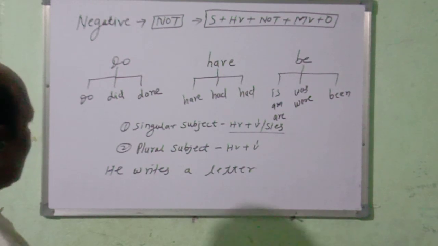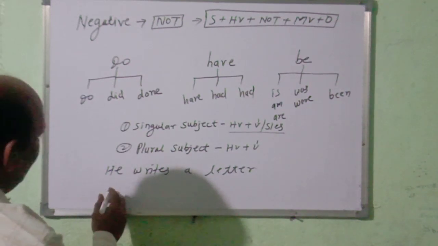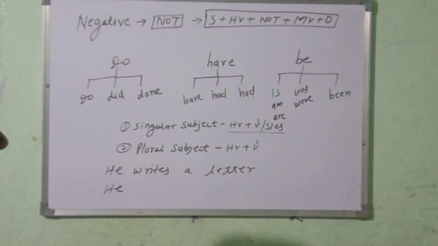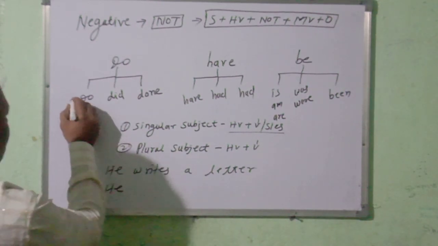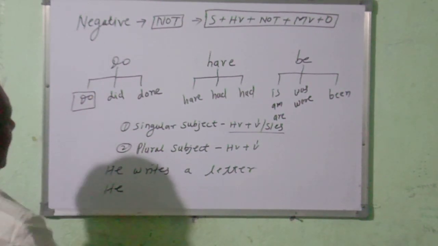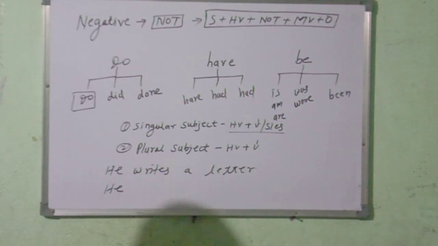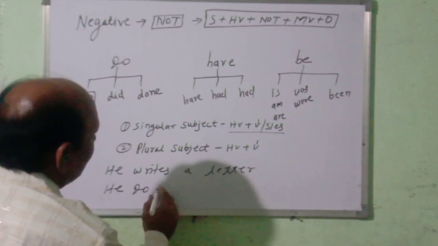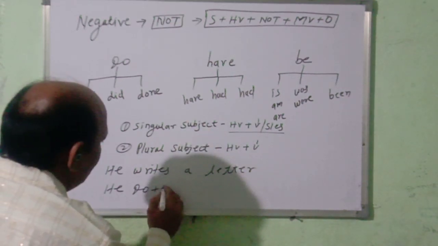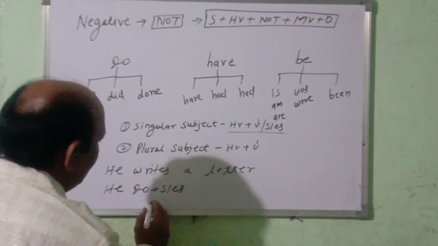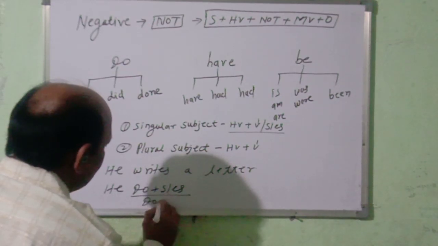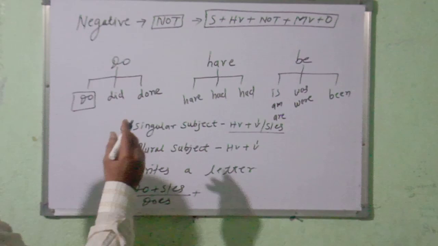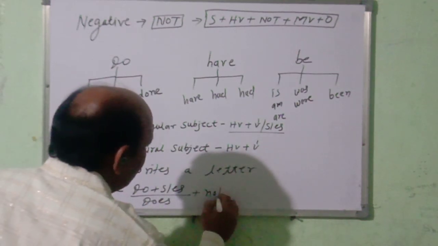So when you write "he", the first form of the primary verb is do. He do plus S or ES, it means he does. Afterwards we have to add "not": he does not.